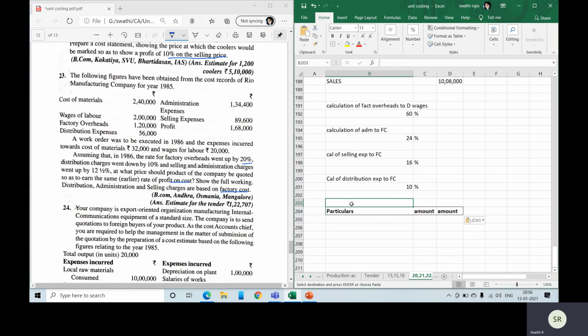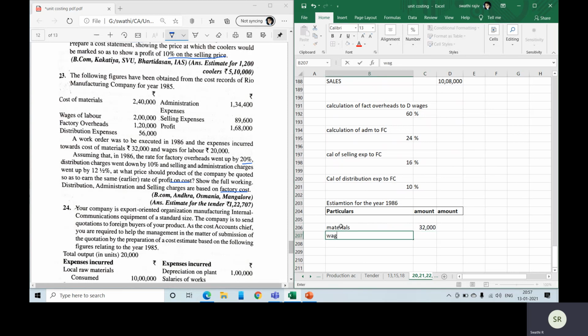We are going to do the estimation for the year 1986 now. So what do we start with? We have materials directly given to us, so obviously we'll use that. Materials are 32,000.